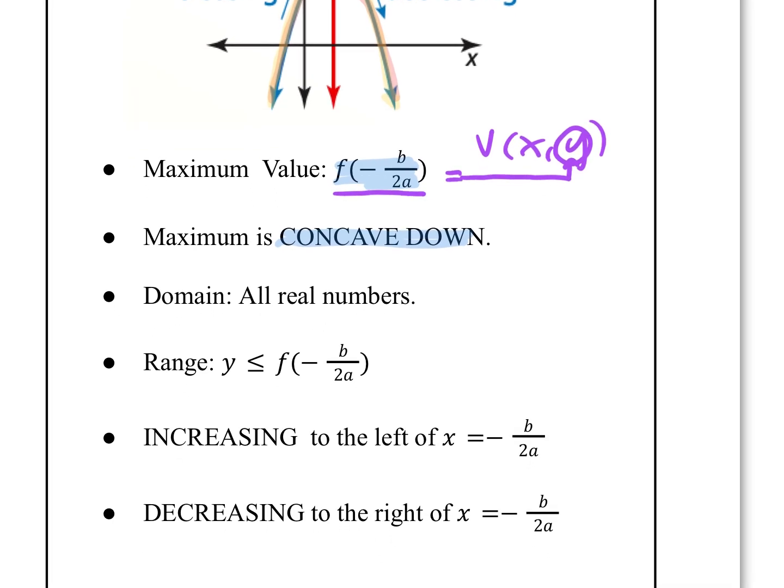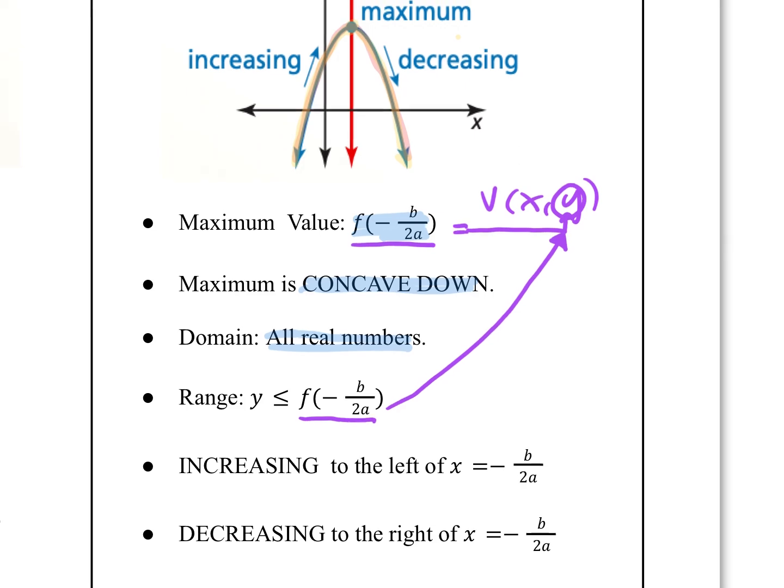Now, the domain is also all real numbers. And the range is going to be less than or equal to f of negative b over 2a, sorry. Remember again, for the sake of clarity, this one is talking about the y coordinate of your vertex.